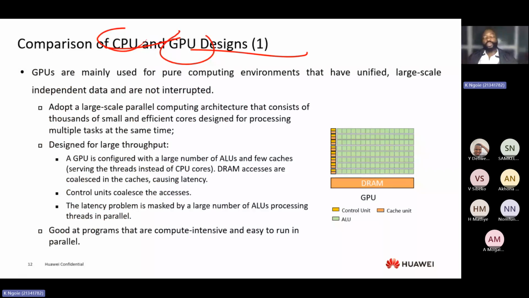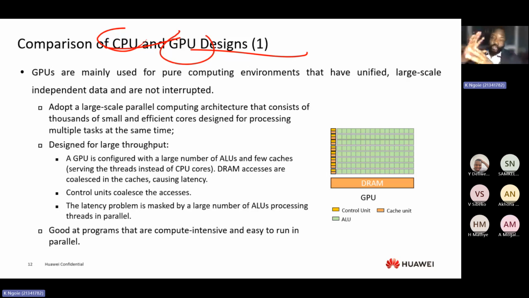But the GPU will focus more on difficult calculation, on graphics. That means the GPU will look at everything that has to do with graphics. You have images, you have videos, and those will be controlled by the GPU.